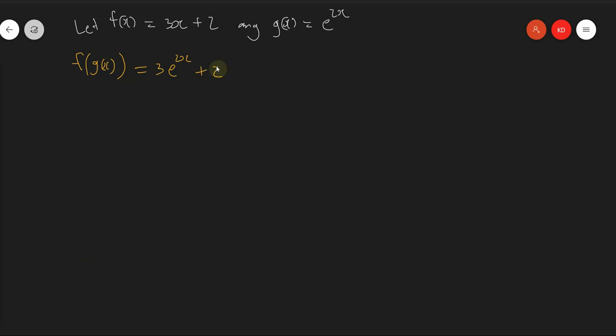To prove that, simply find the inverse of fg of x.